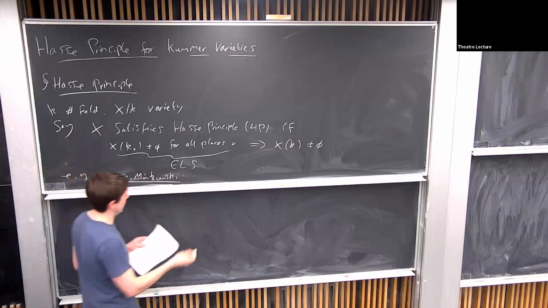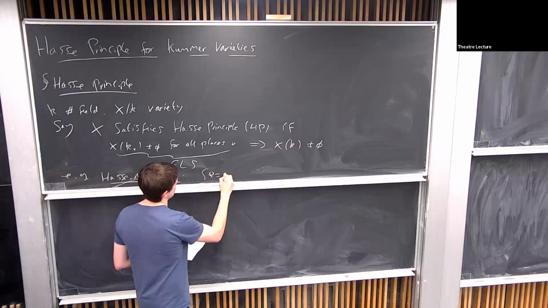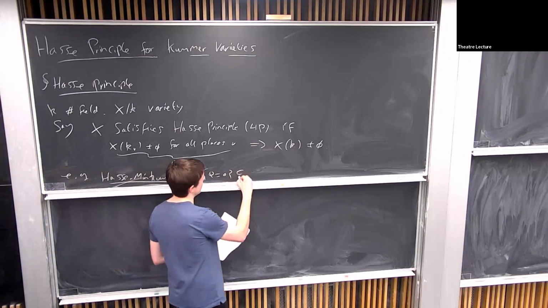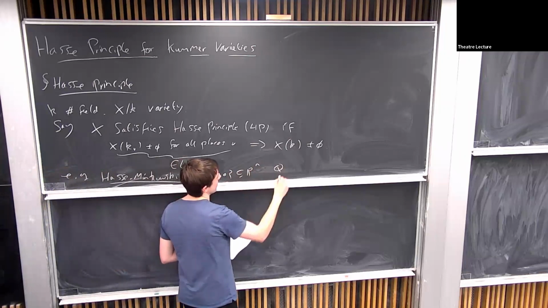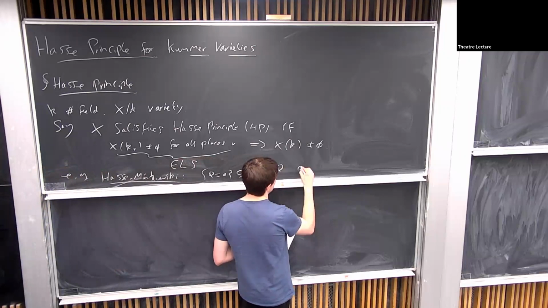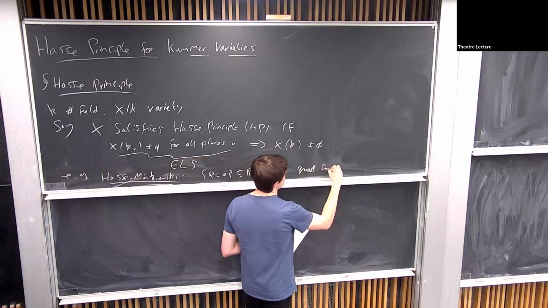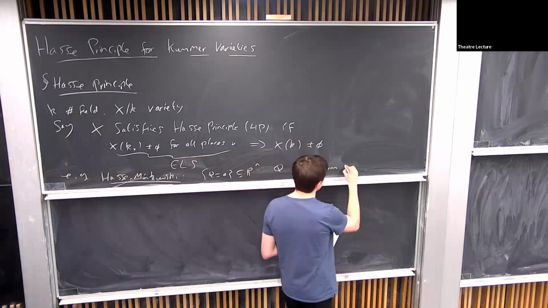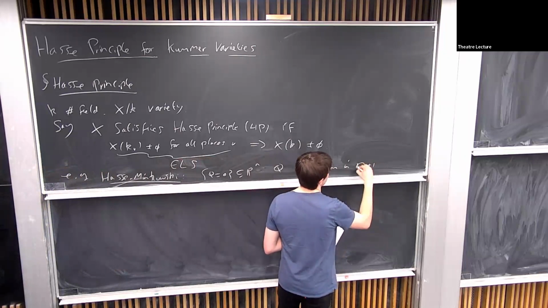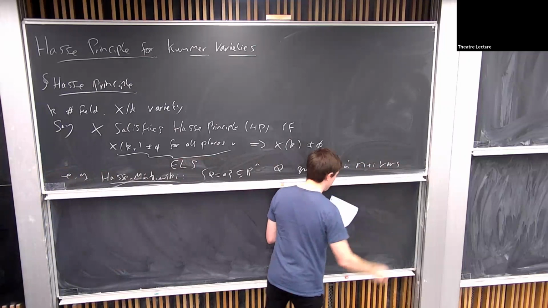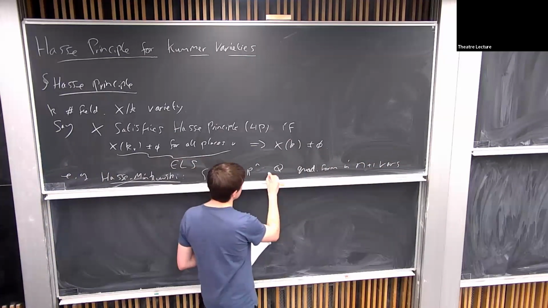says that if your variety is the vanishing of some quadratic form Q in P^n, a quadratic form in n plus 1 variables, so homogeneous of degree 2, then this satisfies the Hasse principle.